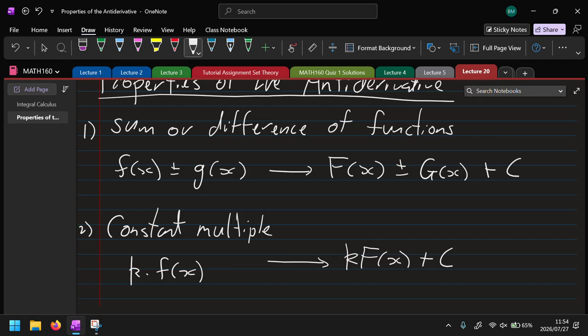Okay, now, like I said, you might think this is very nice. There's only 2 properties to learn. However, this makes things very, very difficult for us, because when we looked at derivatives way back when, there was the sum and difference rule, we had the constant multiple rule, we had the product rule, chain rule, quotient rule. All of those helped us find the derivative. If I gave you a product, you don't even have to think about it, product rule.